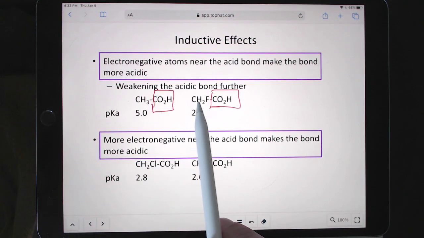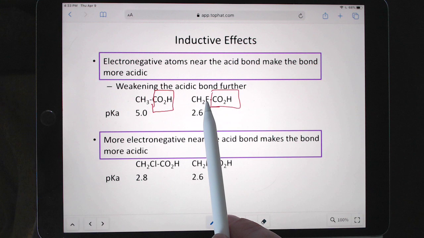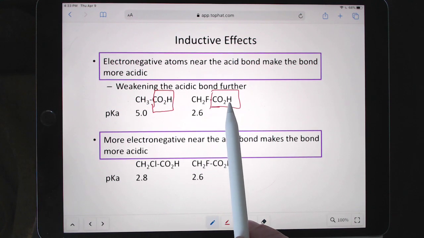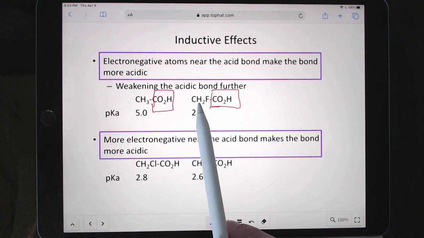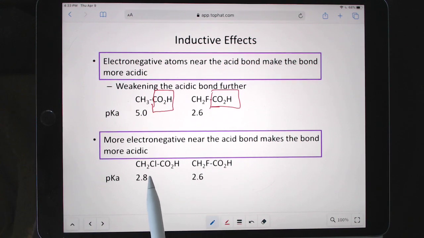But if you put a single fluorine on there, it dramatically drops right down to 2.6. This is not on the hydrogen's own atom; it's an OH bond we're talking about, but having electronegative atoms near it makes a big difference. The more electronegative it is, the more acidic it is. So if you have chlorine near it, it's not going to be quite as acidic as if you have a fluorine near it.